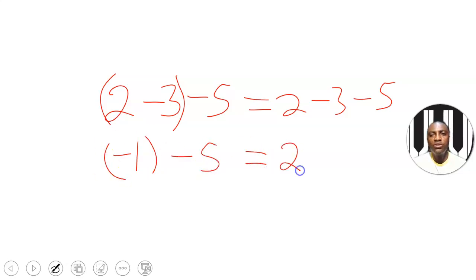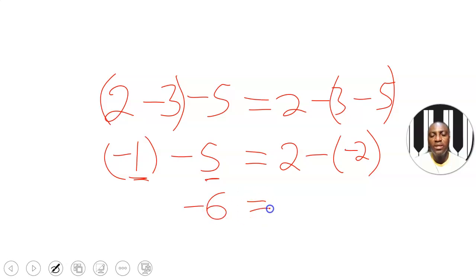And here I want to keep the 2 first and do this one rather first, and when I do that, I have -2. Now on the left hand side, -1 minus 5 will give me -6. Here 2 minus -2 will give me 4.